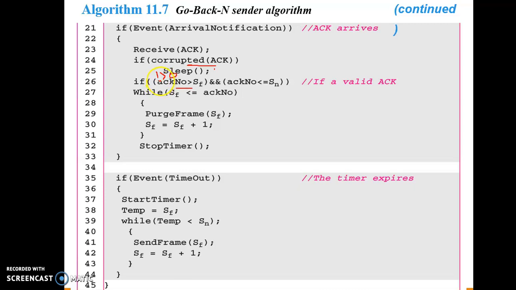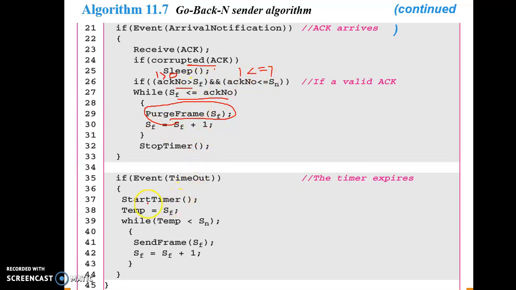So the acknowledgement number is 1 for SF 0, and 1 is greater than 0. The acknowledgement number must be less than or equal to SN. What is the acknowledgement number? 1, which is less than or equal to SN, which is 7. So the condition is true. If SF is less than or equal to the acknowledgement number, you can remove the frame. The copy need not be maintained, and SF equals SF plus 1. Stop the timer. So if you receive the acknowledgement number correctly, no problem.